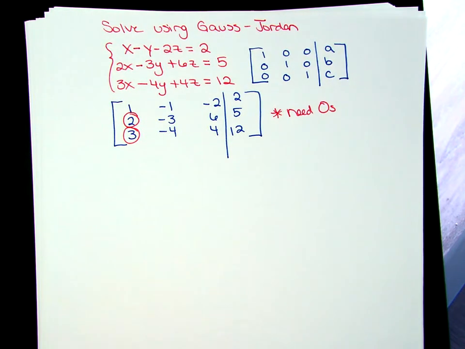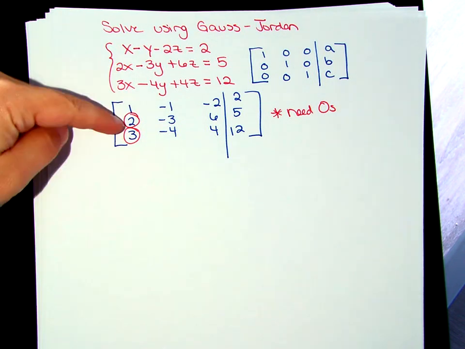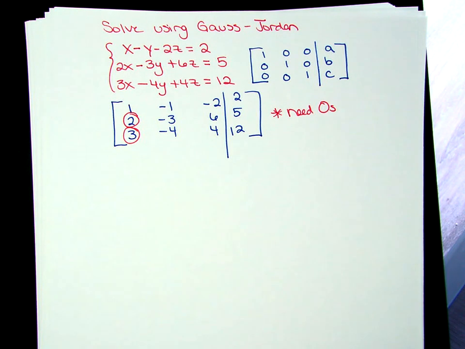And think about how we just got zeros in the previous problem. How are we going to get 2 to be 0? Multiply row 1 by -2. Add it to row 2.